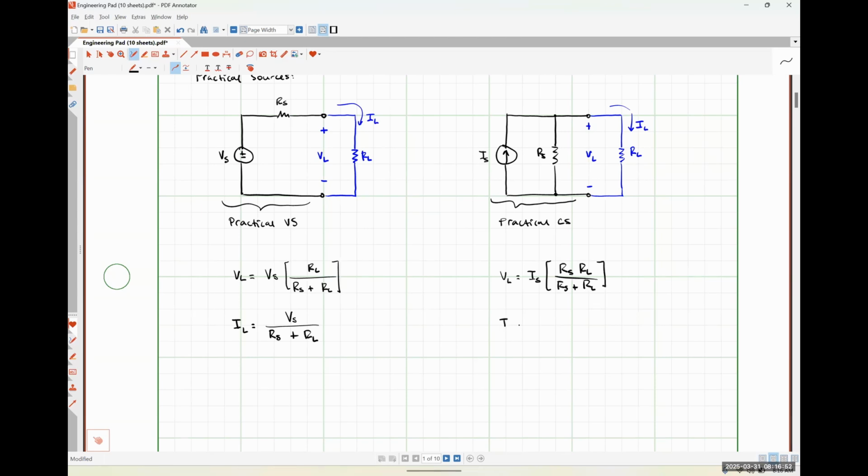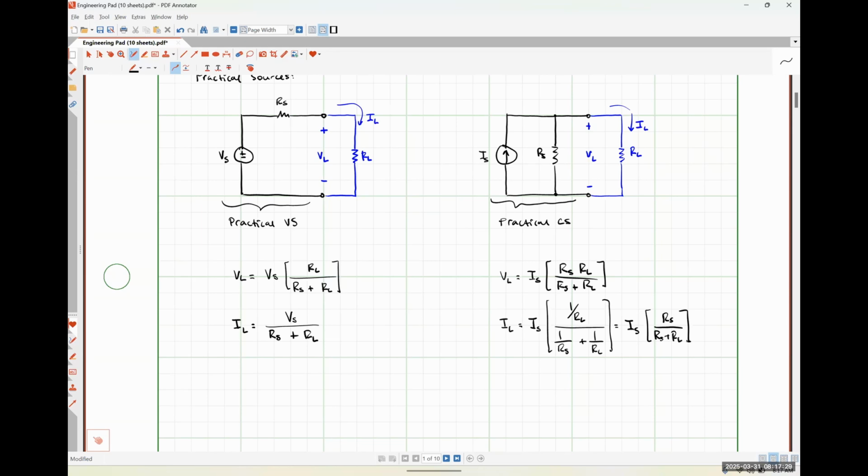And to find my current IL, I'm going to use current division. So that's going to be IS times 1 over RL over 1 over RS plus 1 over RL. And with a little bit of algebra, which I'm not going to bother showing you, it is rather trivial, we could write this as IS times RS over RS plus RL.